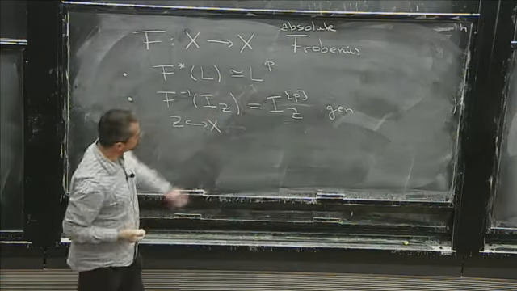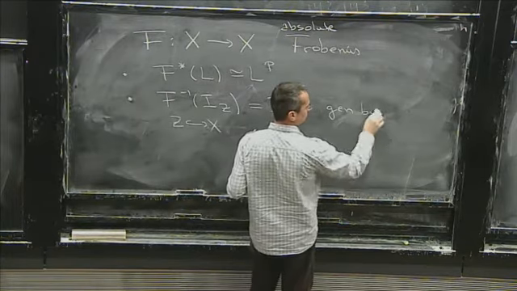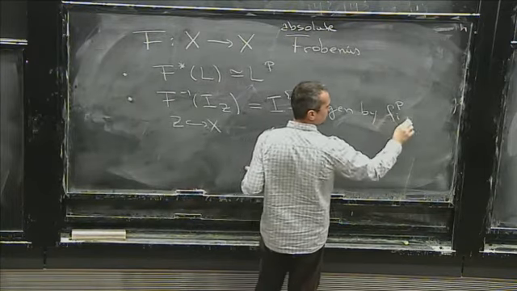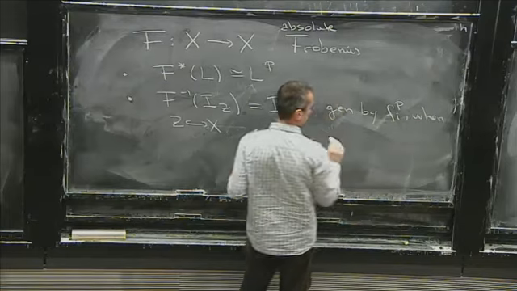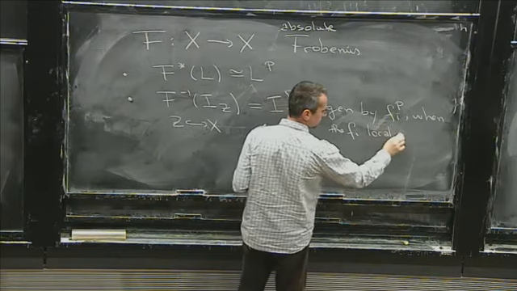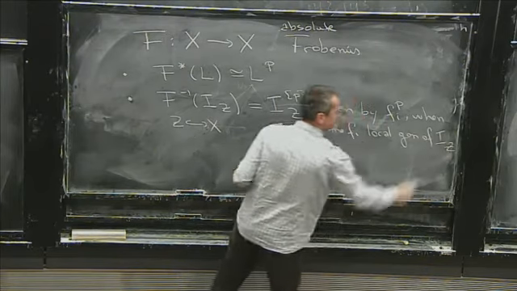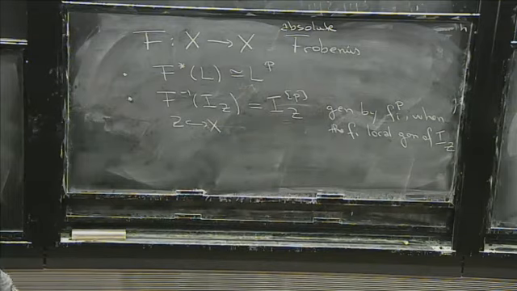It is generated by f_i to the p when the f_i's are local generators of I_Z. Okay, so this is really just a definition.